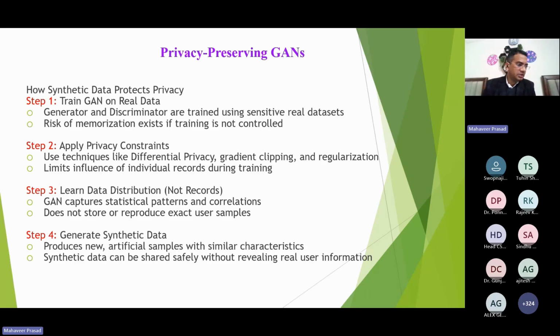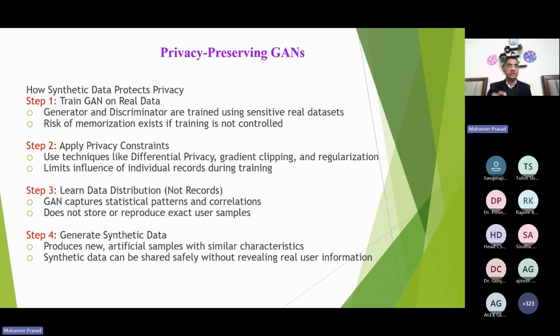Now coming to the privacy-preserving GAN defense. How does synthetic data protect privacy? First, train the GAN on real data. You know that in a GAN, the generator and discriminator are trained using a sensitive real data set, and a risk of memorization exists if training is not controlled.